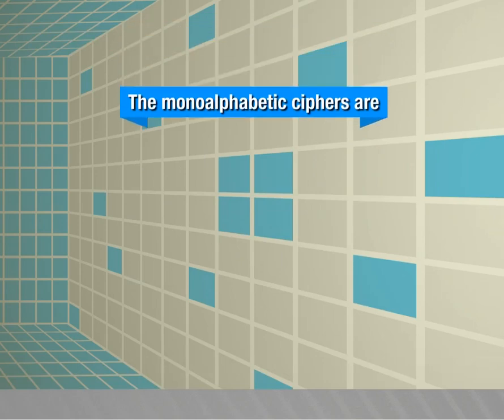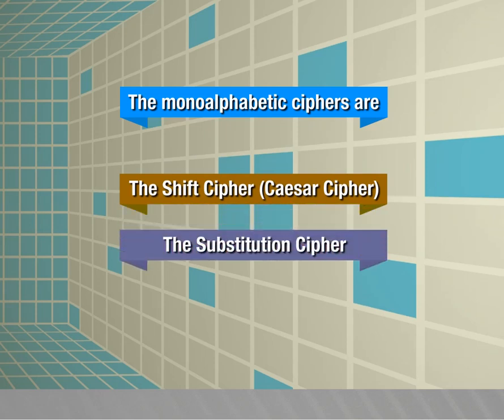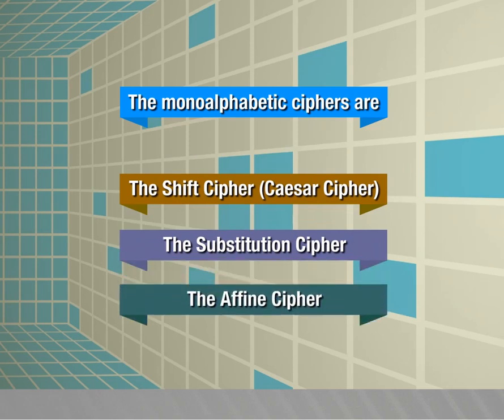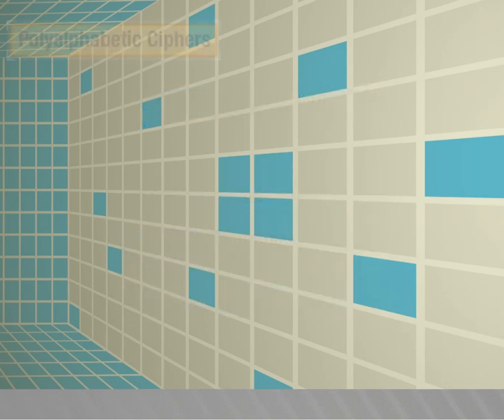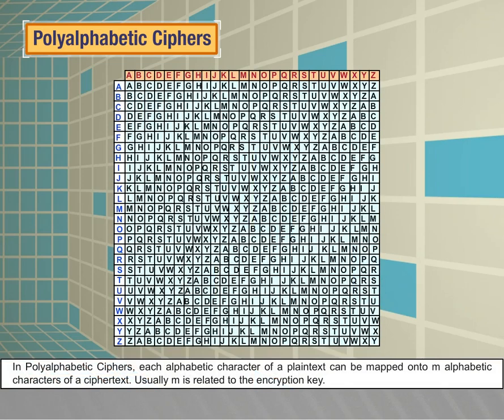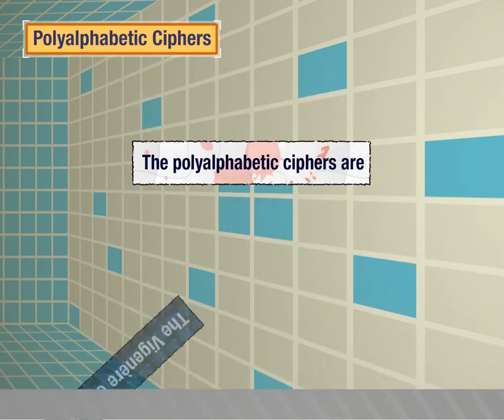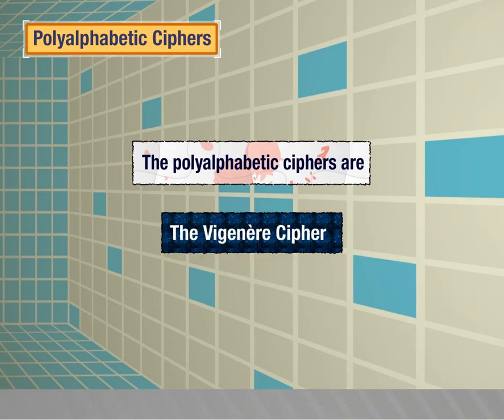The monoalphabetic ciphers are the shift cipher or Caesar cipher, the substitution cipher, and the affine cipher. Polyalphabetic ciphers: in polyalphabetic ciphers, each alphabetic character of a plain text can be mapped onto m alphabetic characters of a ciphertext. Usually, m is related to the encryption key. The polyalphabetic ciphers are the Vigenère cipher.